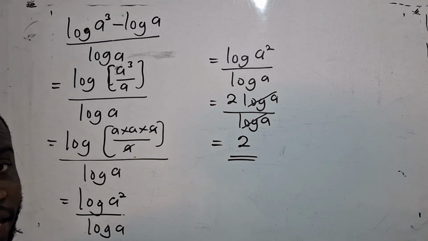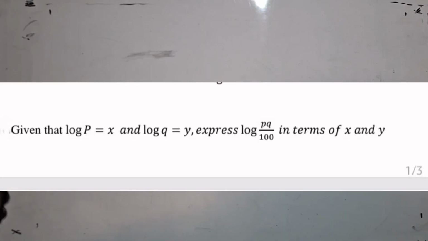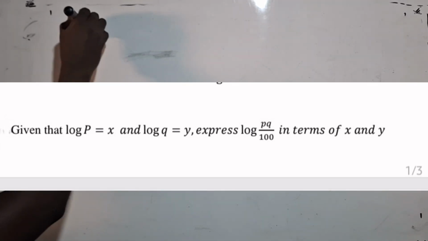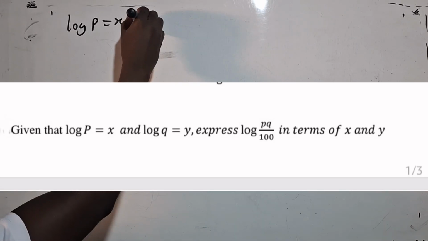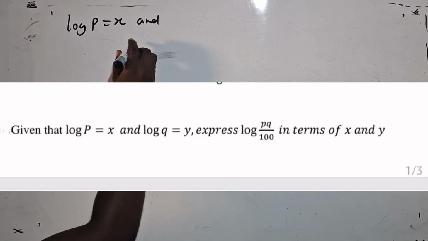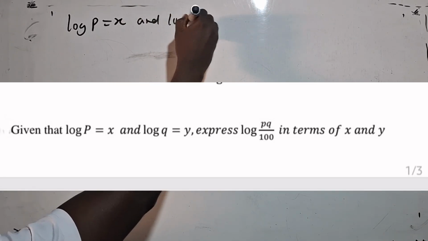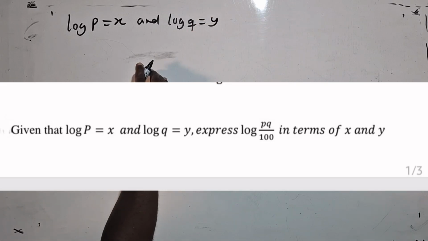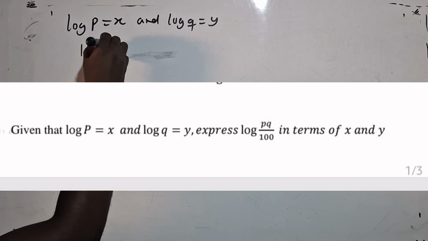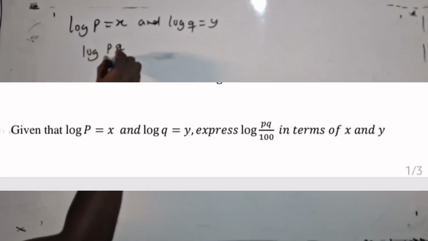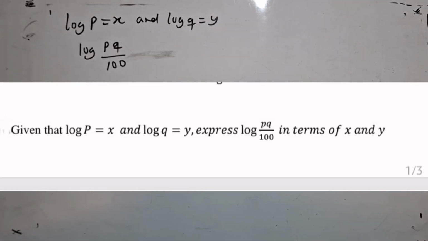So let's take another question on this. With the question posted on the screen, it's given that log p is x and log q is y, which we express log pq on 100.